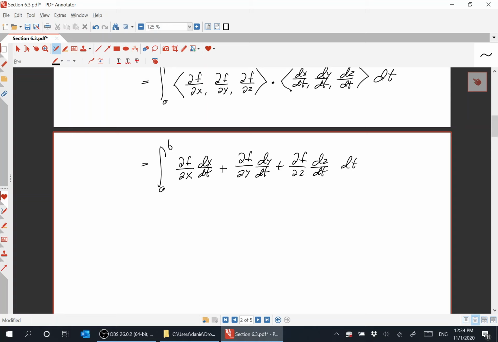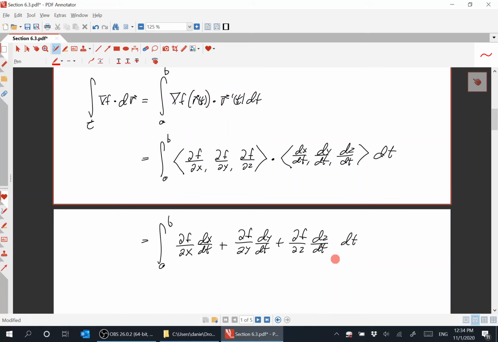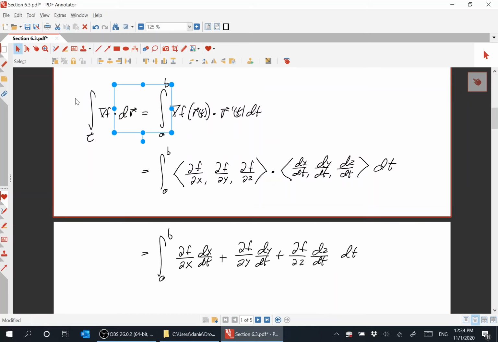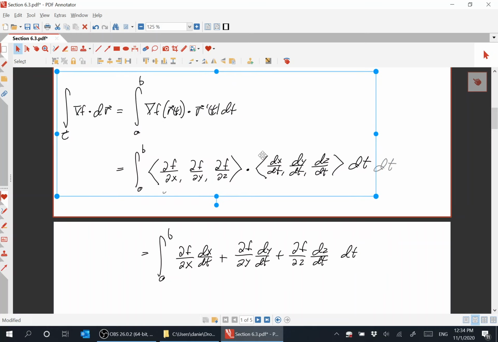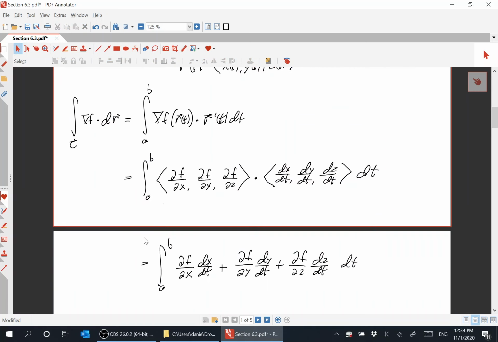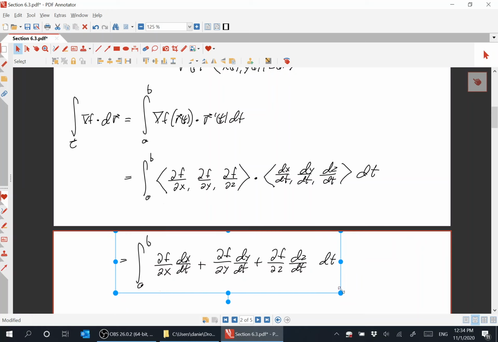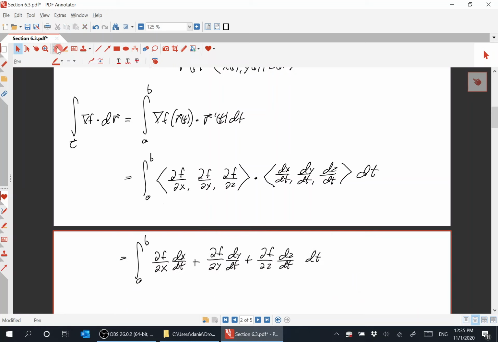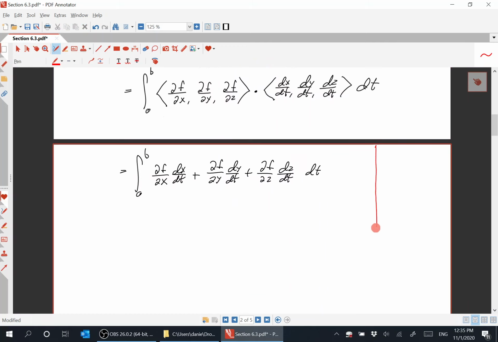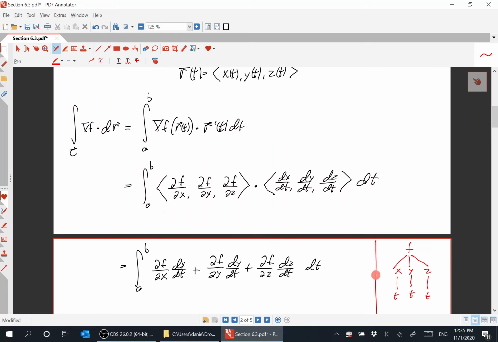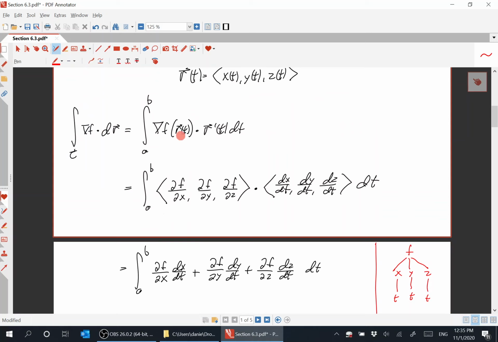Recall the chain rule. We've got f is a function of x, y, z, and then x, y, z are all functions of t, because we're looking at f of x, y, z, the gradient vector field, just on r of t.